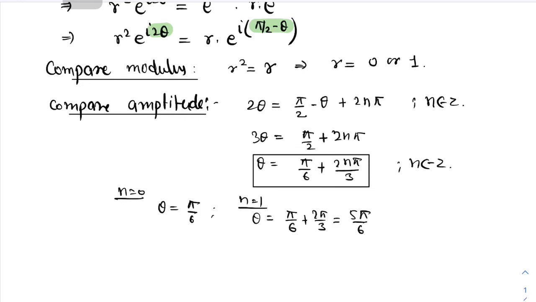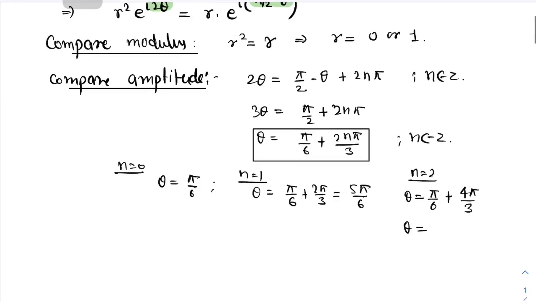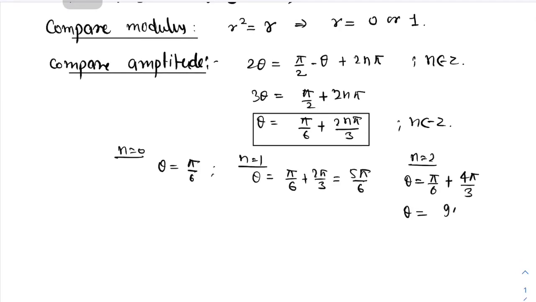Okay, and if I put n equal to 2, we get theta equal to pi by 6 plus 4 pi by 3, and that is 9 pi by 6.